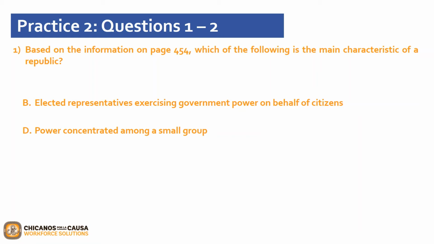D, power concentrated among a small group. Again, this does not sound like a republic characteristic. We are left with option B, which is the correct answer. Elected representatives exercising government power on behalf of citizens.